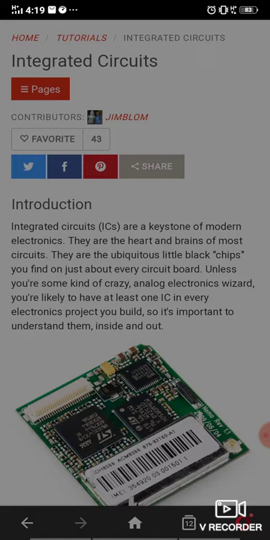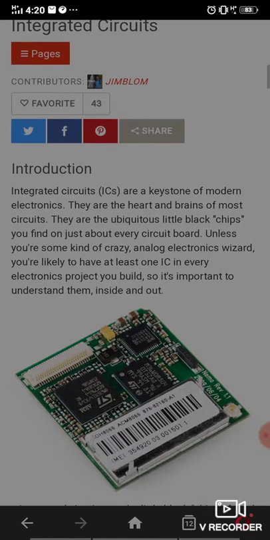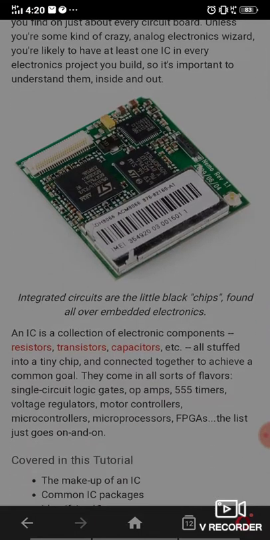Unless you are some kind of crazy analog electronics wizard, you are likely to have at least one IC in every electronic project you build. So it's important to understand them inside and out.